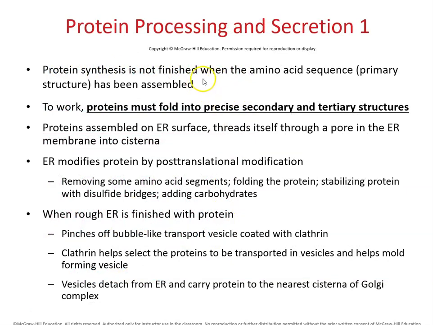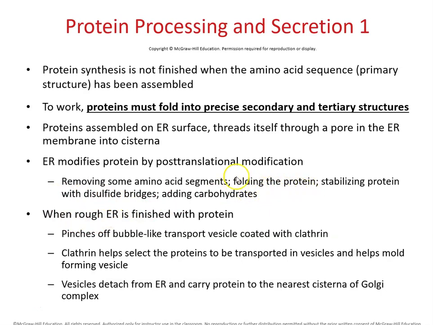So once the protein is assembled, then we have to make sure it gets its three-dimensional shape. So this is done by the endoplasmic reticulum, the ER. And this happens in the rough ER once that protein is in the right sequence.